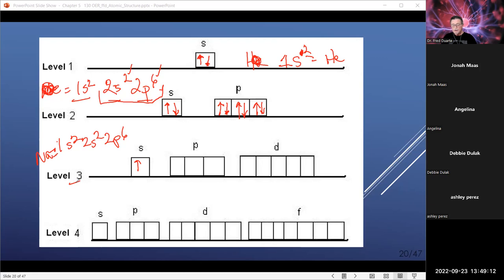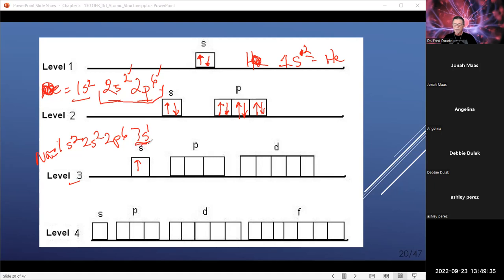Sodium's in the third energy level. Look at your periodic table, find out where sodium is, okay? And count the periods from the top, it's in number 3, okay? So that'd be 3s1. It is in the first column, group number 1A, so that is the s block, and hence we have 3s1.